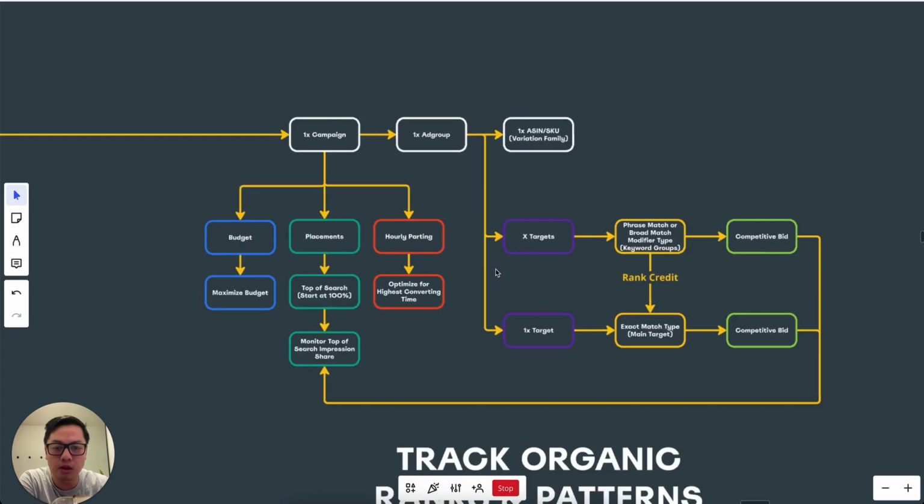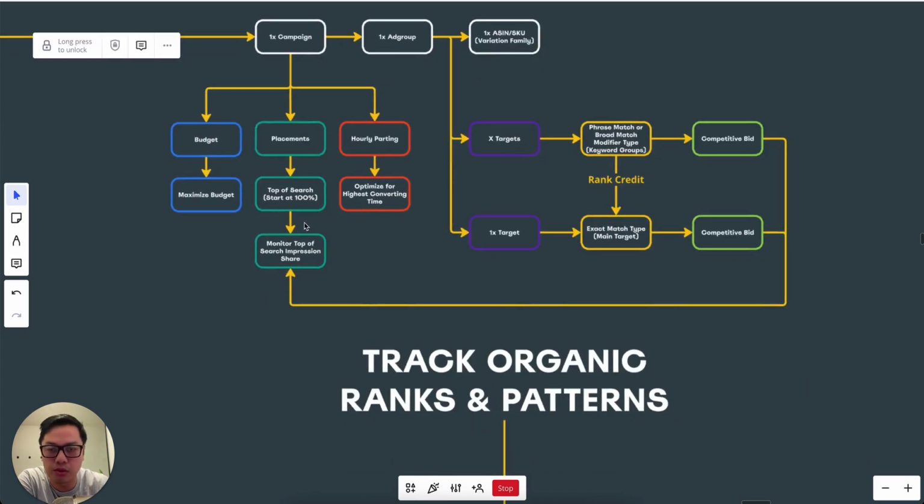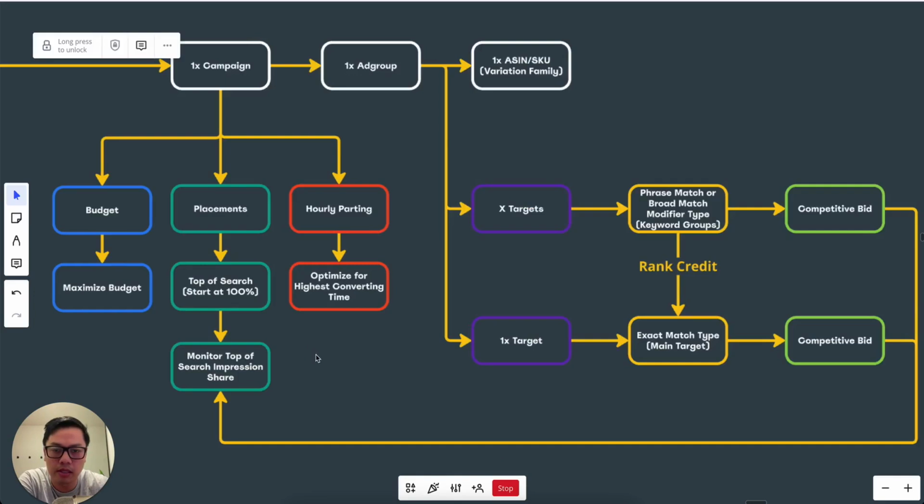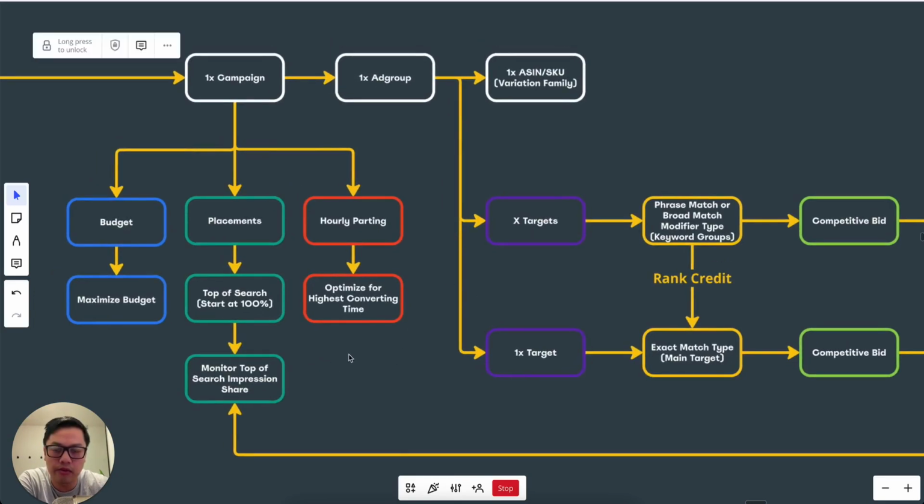But these are the things you have to check in order to actually rank. You can be spending a ton of money, but if everything is going to, say, a much lower conversion rate on rest of search or product pages, you're not going to rank. So you really want to feed Amazon the best-converting data, and that's how you're going to win there.